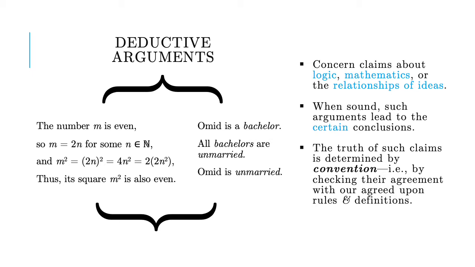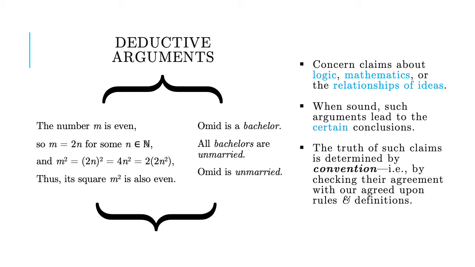That is, the way we find out and determine that the square of an even number is even is by looking at its agreement with our rules and definitions that come from arithmetic for what even numbers are, for what the operation of squaring does, and so on.